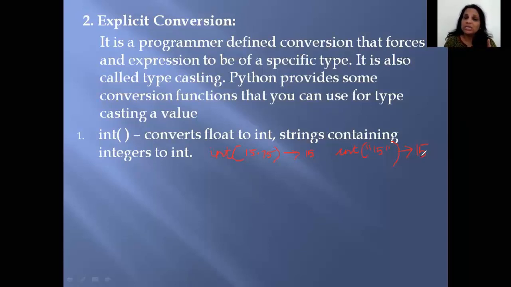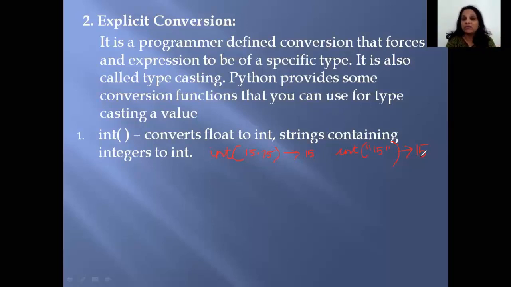You remember writing int with the input function in the first chapter when we did some programs. Why? Because I told you the input function reads data. You said enter the radius. The user enters, let's say 5, but the input function reads 5 as a string. So technically it will be putting double quotes next to 5. But what will I do with 5 as a string for my calculations? So what did I write before input? Int.